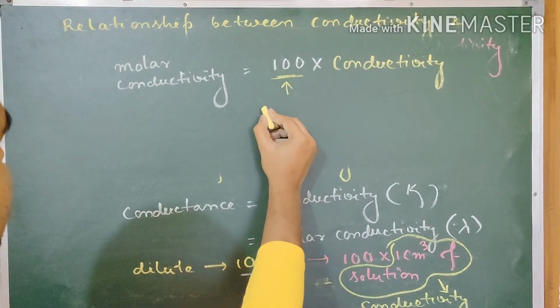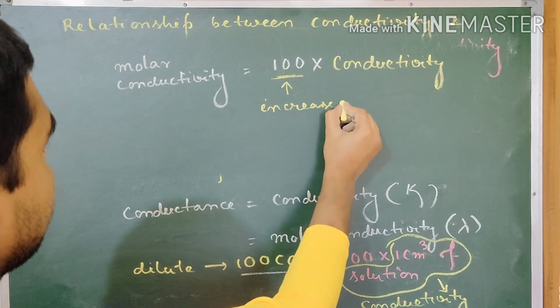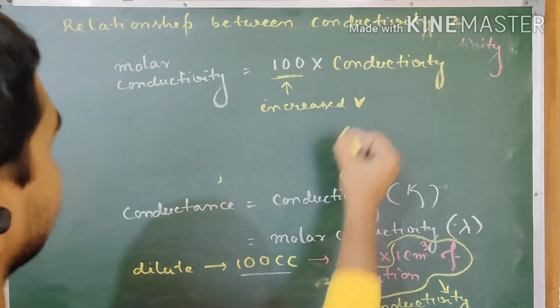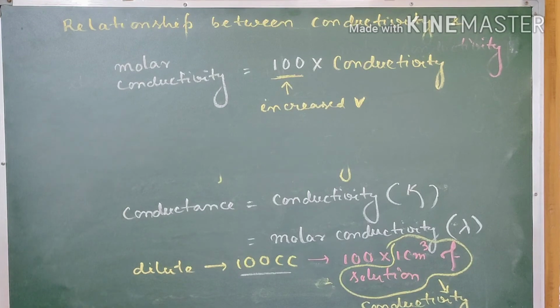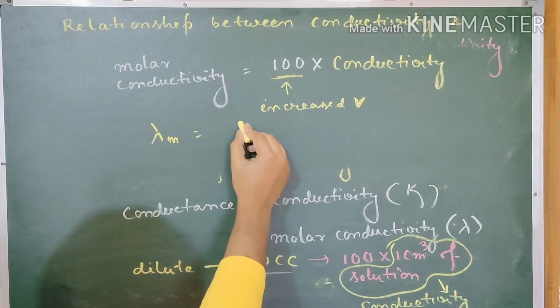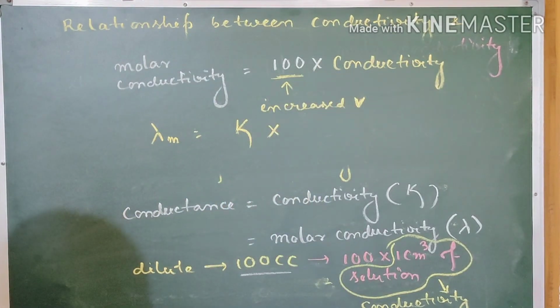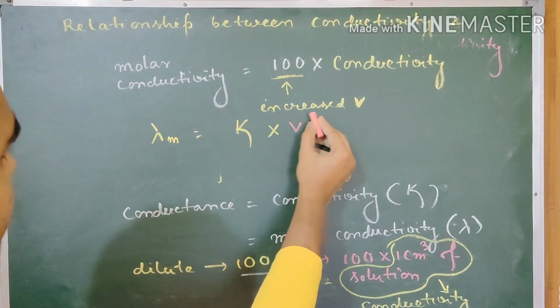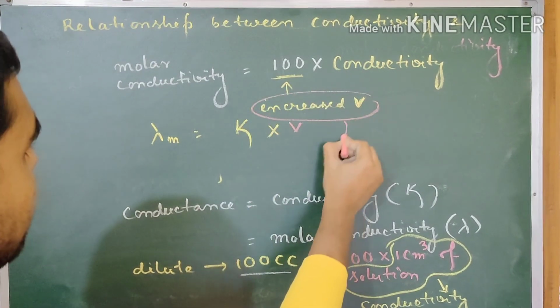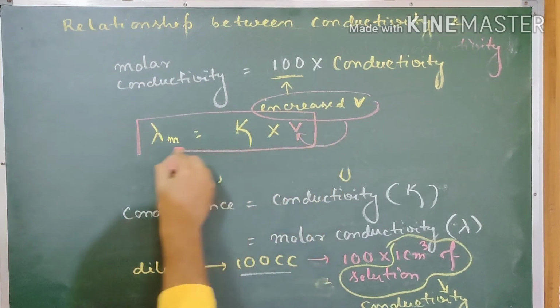It is the increased volume, increased V. So what we can say, in words, is that lambda m is equal to kappa into V. What is that V? It is the increased volume which we have introduced. So it is becoming 100 times in this case. It may be something else also. So this is the desired relationship.